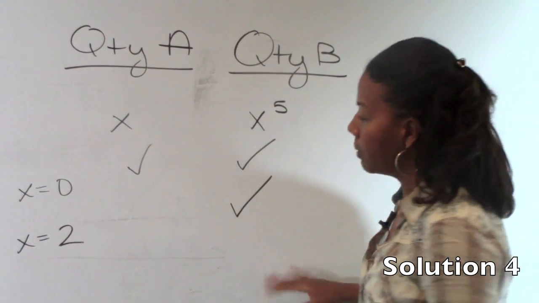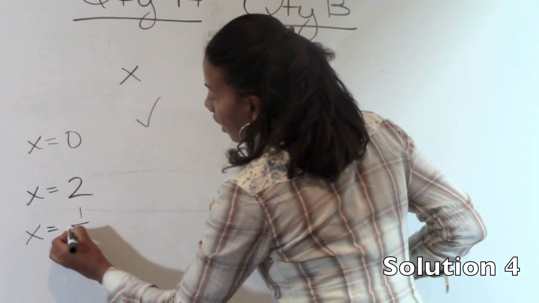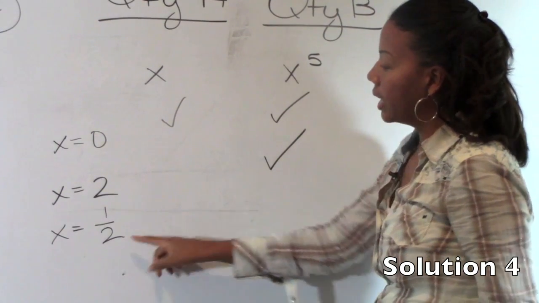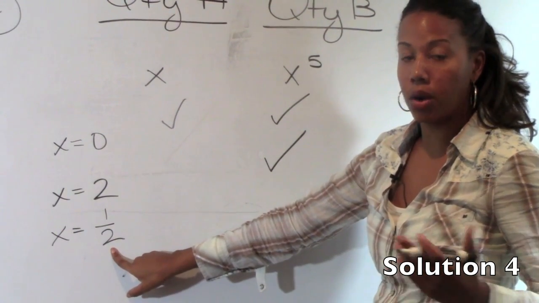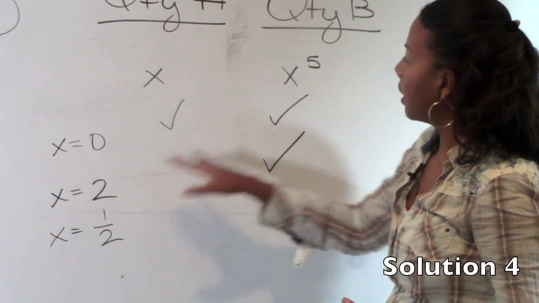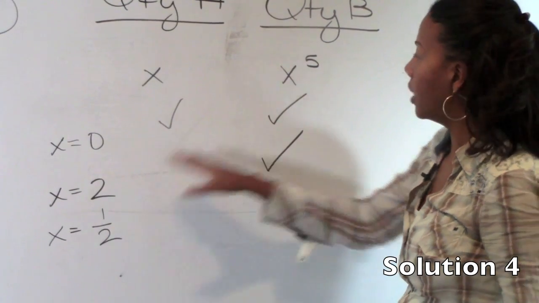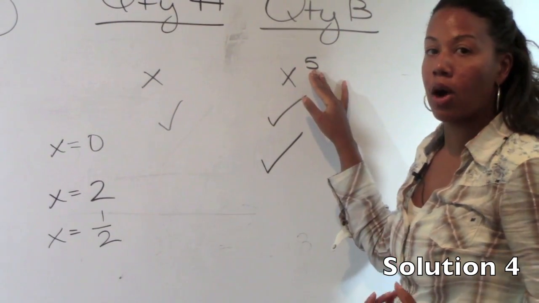But I'm going to add one more in here to remind you of when this column could actually be larger than this column. So let's say that the value of x is a decimal between 0 and 1 or a fraction between 0 and 1. So I'm picking 1/2. Remember that when we raise a decimal or fraction between 0 and 1 to a power greater than 1, the number actually gets smaller.